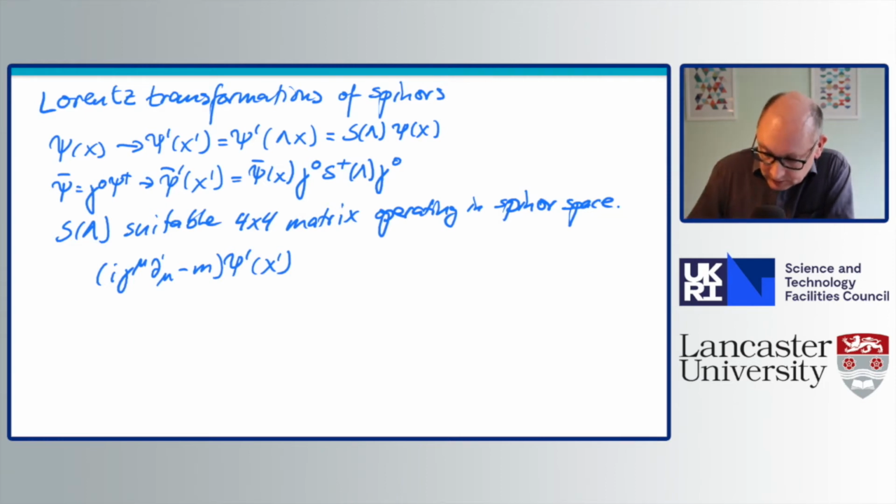Good, so we say, well, we know what this is. This must be equal to, and then we just put in how the d mu transforms.